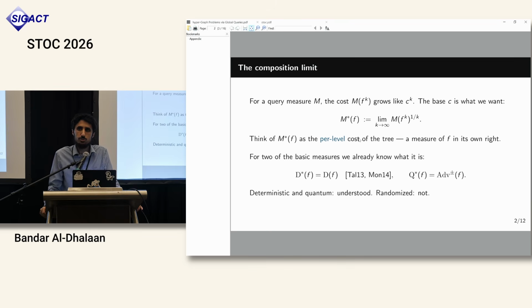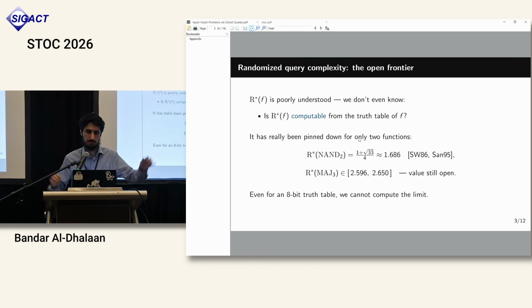Much less understood is randomized query complexity. And that's where our results really lie. In fact, it is so poorly understood that it is not even known whether or not R star of f is computable as a function of f's truth table. Like, you give me a function f, and I cannot even in principle tell you its value R star of f.